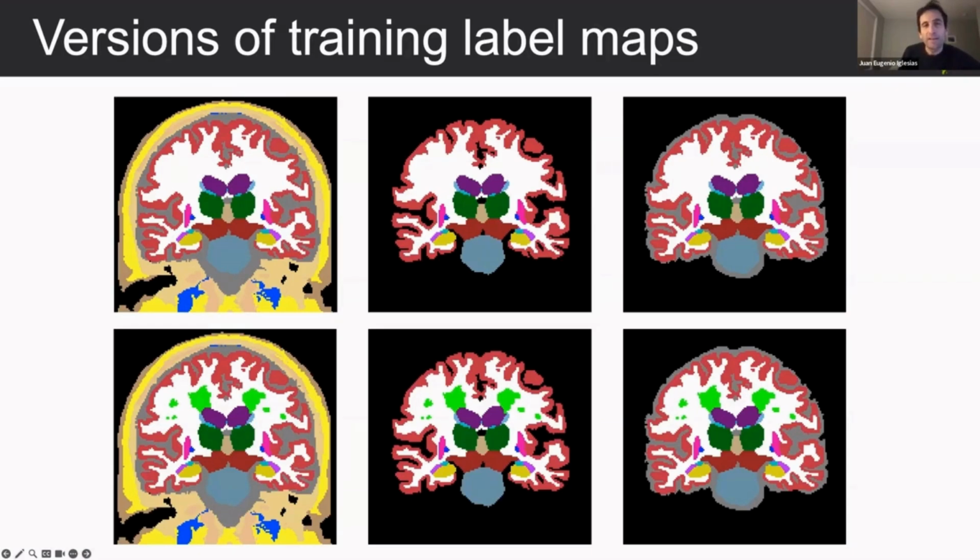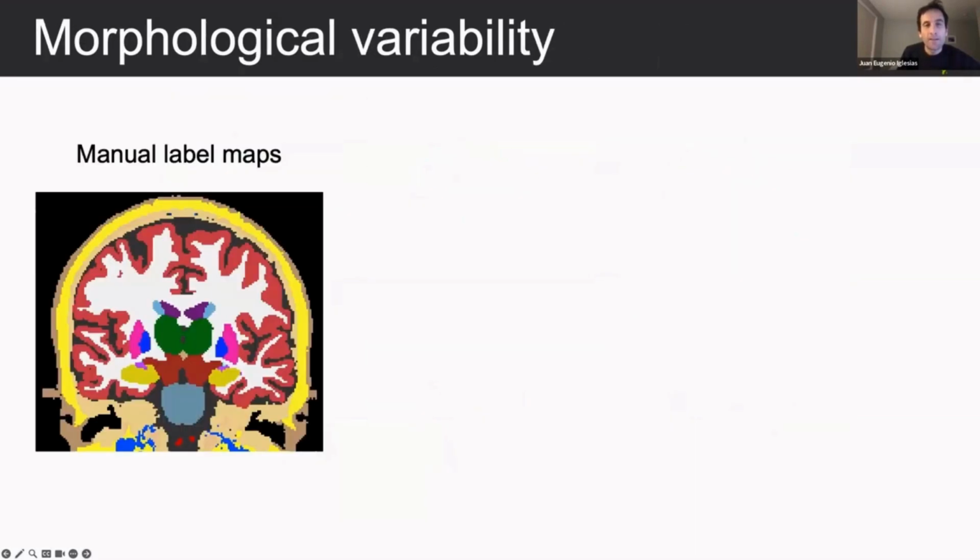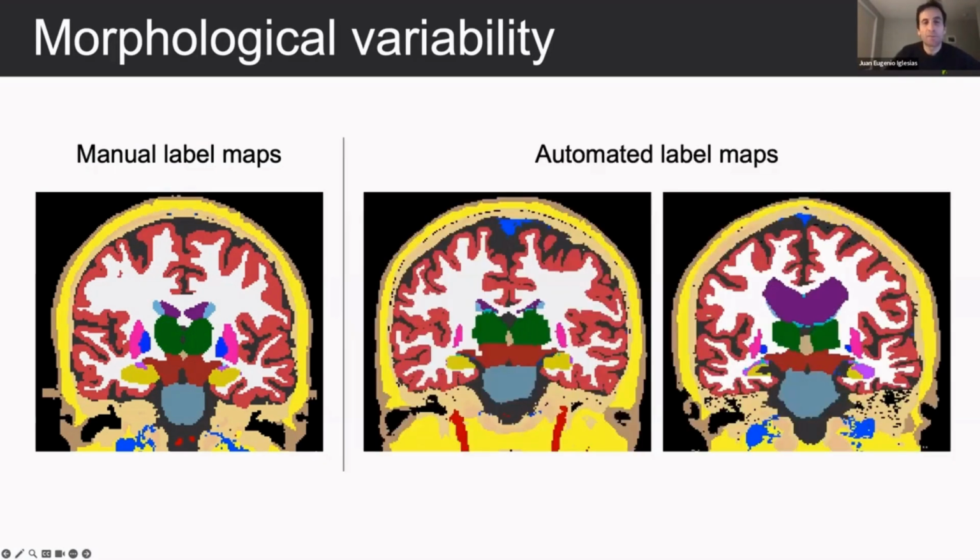And the other thing is that in terms of morphological variability, in the beginning, we were training SynthSeg only with this data set of 40 scans that were used to build the atlas in FreeSurfer at the Martinos. But then what we realized is that because you don't use the images, it actually makes sense to use automated segmentations from other datasets. So you can take FreeSurfer and run it on HCP. This subject on the left is from the Human Connectome Project. So a bunch of pretty young subjects, which you can tell from the small ventricles.